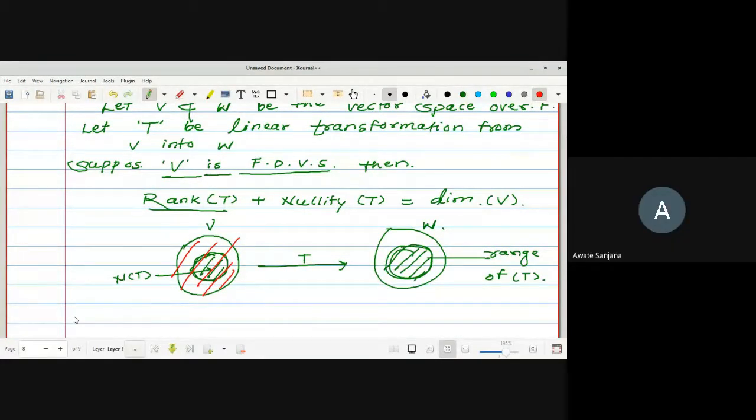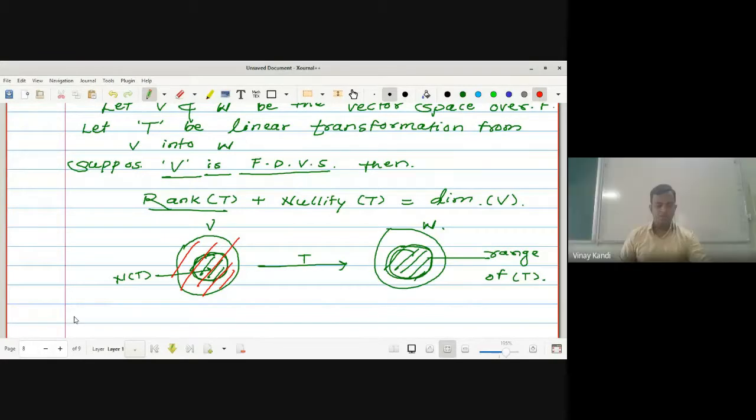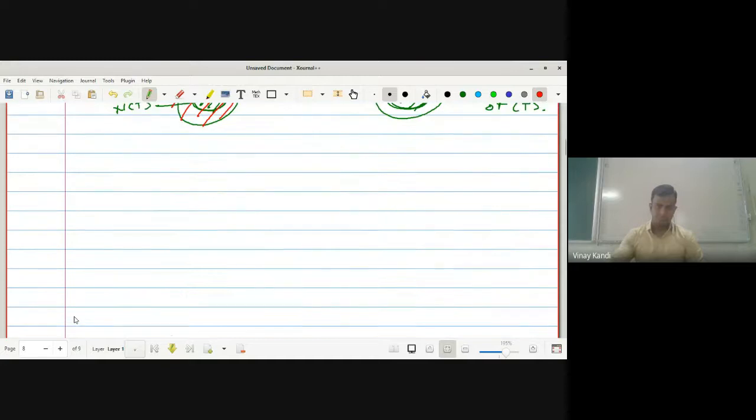No, sir. Okay. Now the next definition is linear operator. What is the difference between linear transformation and linear operator? And one more concept is there, linear functional.